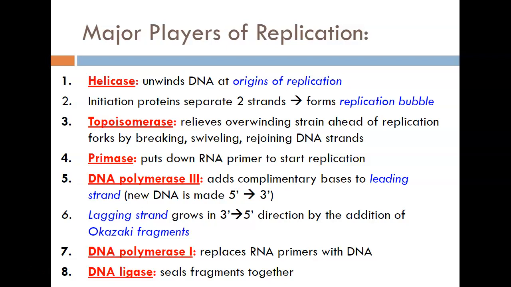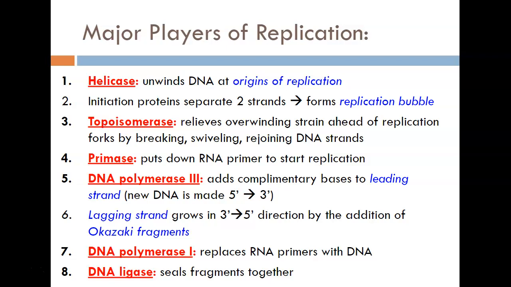Let me just preface this with: enzymes are very often named by their function, and they end in "ase," not 100% of the time, but a lot of the time, and all of these do. The name gives you an indicator of what it does. So helicase is one that unwinds the helix.